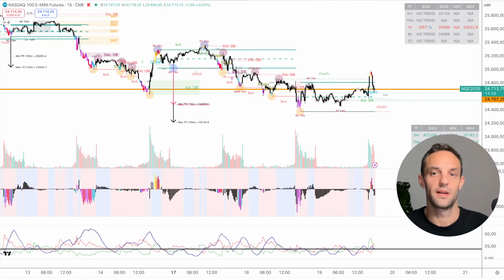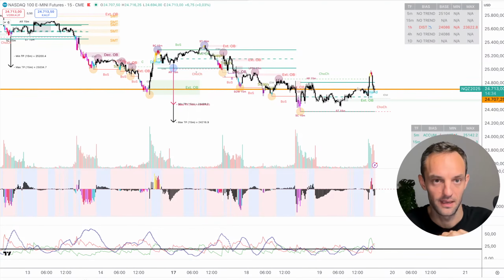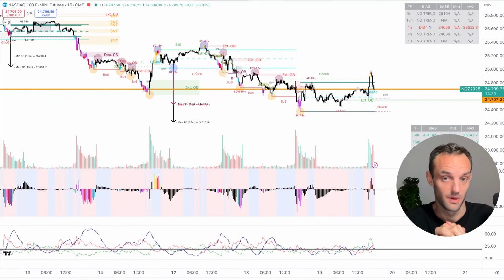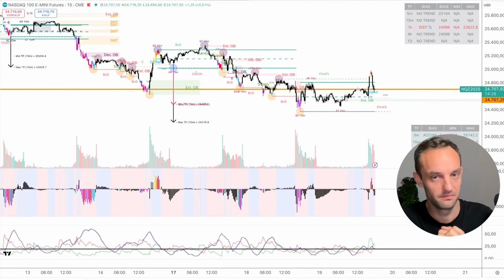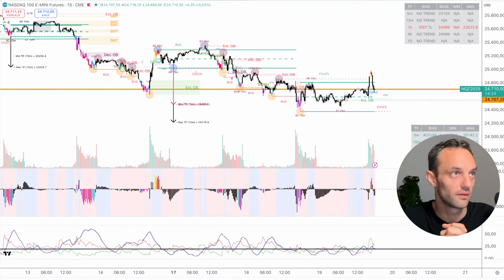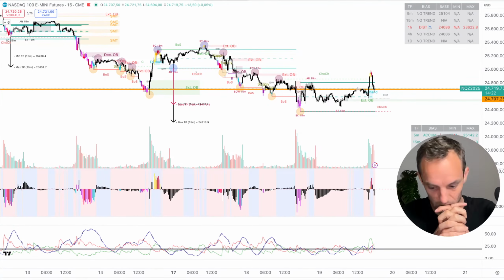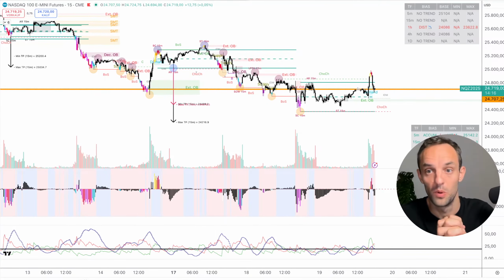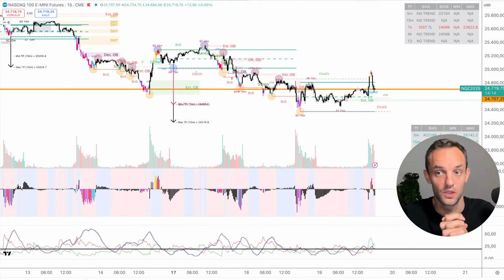Of course, always use these projections as ideas for your trading targets, but don't stick to them. Risk and money management, position management, is one of the most important things. So stop to break even, for example, or reducing the stop. This is one of the best things you should do.